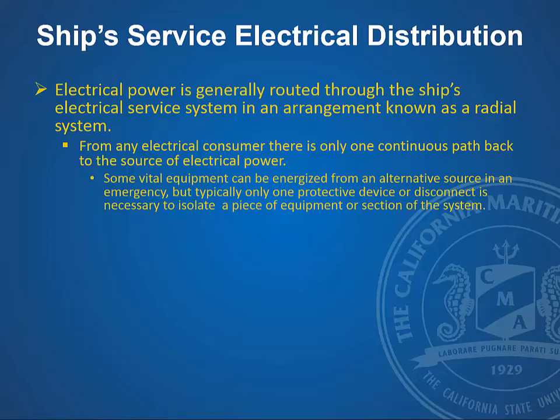And if you're operating on this vessel, it would be important for you to know that and be conscious of it in case an emergency has occurred, to protect yourself from being shocked. In other words, in this case, you would have to go to both the main switchboard and the emergency switchboard and open both of those breakers to prevent electrical shock if you were working on that system.